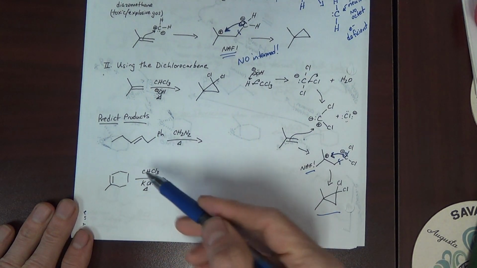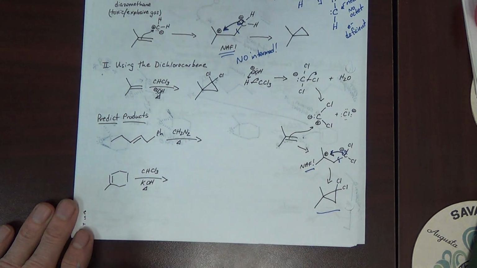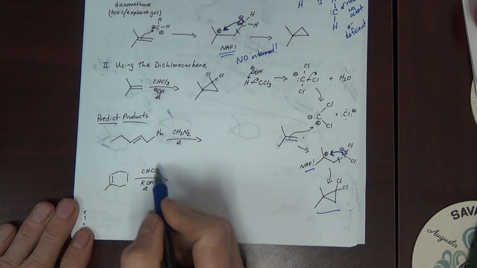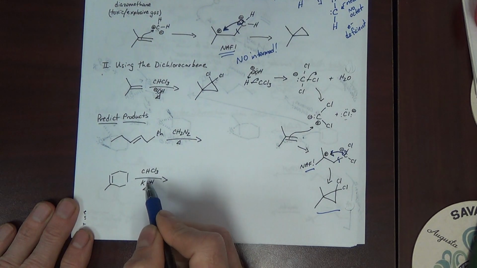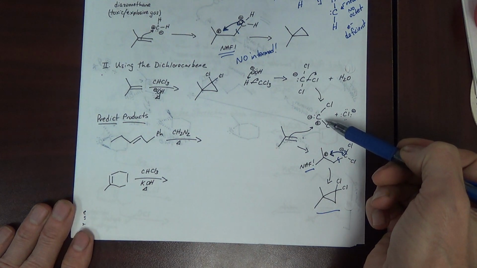Okay, so here's a couple below with diazomethane and also chloroform and hydroxide. Anytime you see chloroform and hydroxide, it's going to be looking to form the dichlorocarbene.